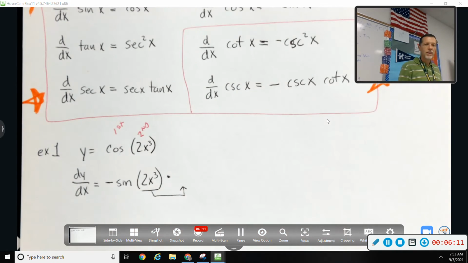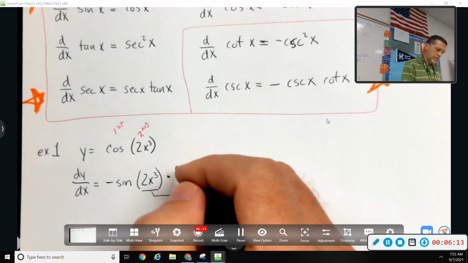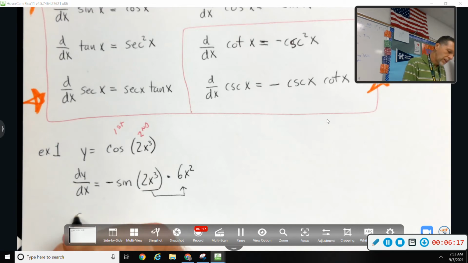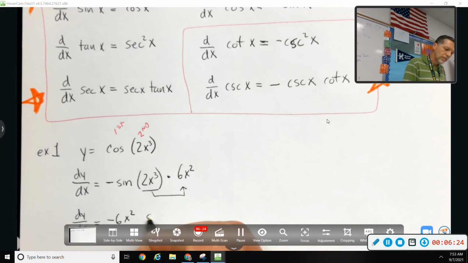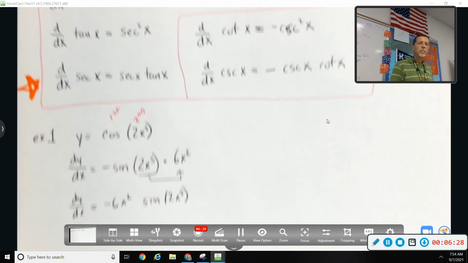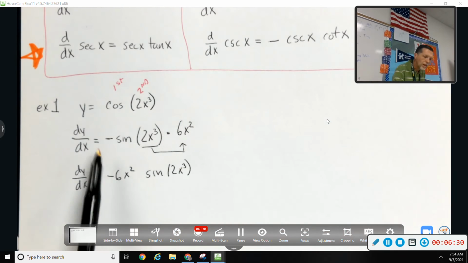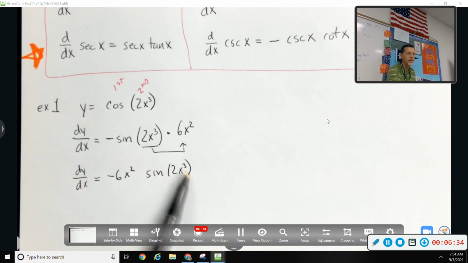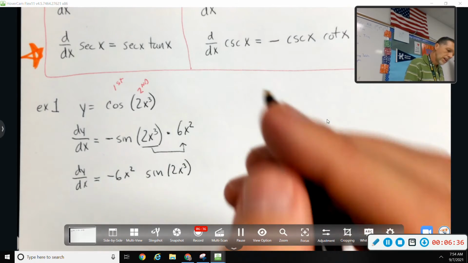What's that going to be? 6x squared. And then that's a perfectly reasonable safe stop. I think the only thing a back of the book might clean up is put the 6x squared in front, just because it looks better. But that would be an easy one. If you wrote this down and then started looking at answer choices, you would recognize that pretty quickly.